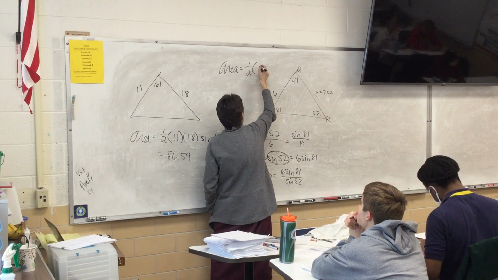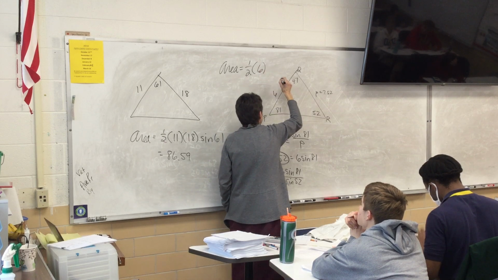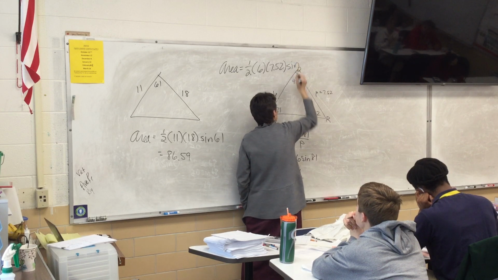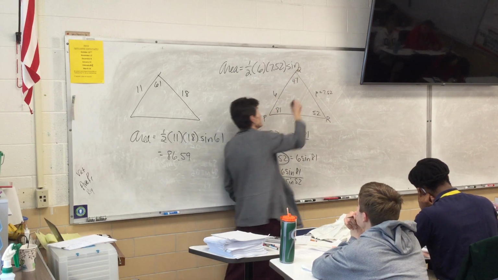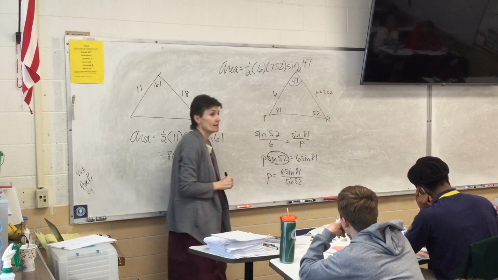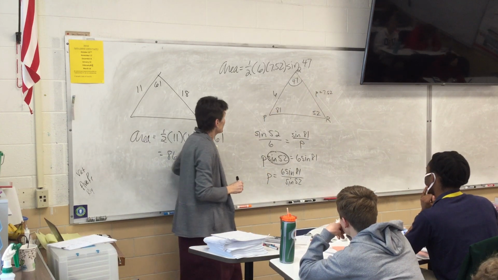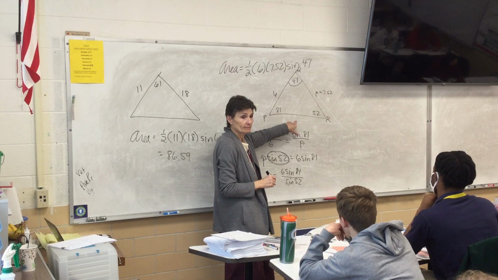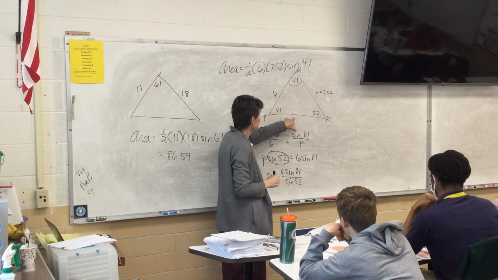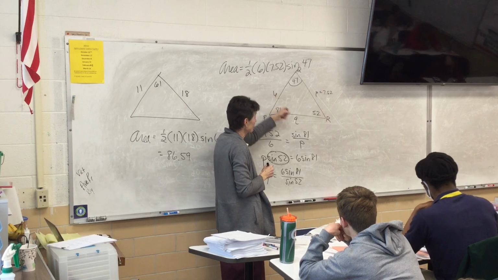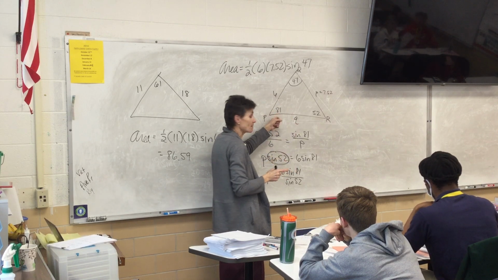1/2 times 6 times 7.52 times sine what? 47. It's got to be the angle between the two sides. So, Zeke, if you found side Q, that would be this side, then you have to do 1/2 times 6 times your Q answer times sine 81.